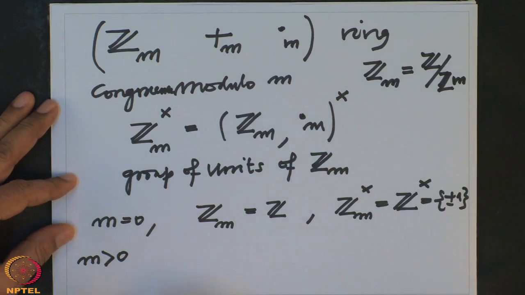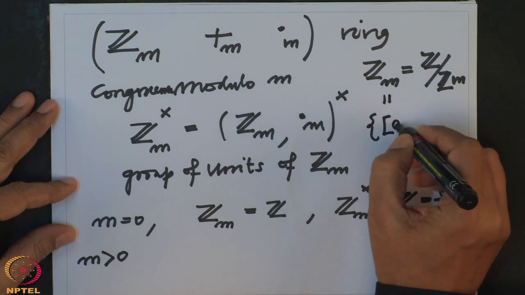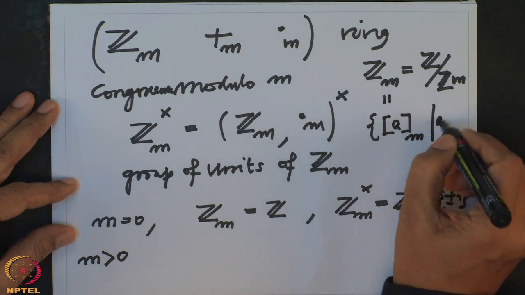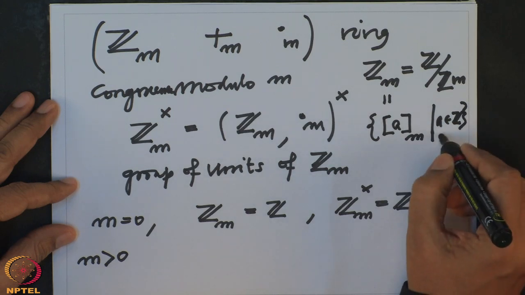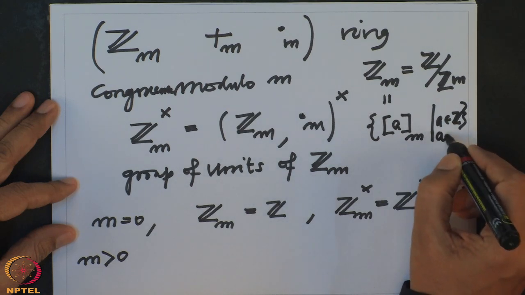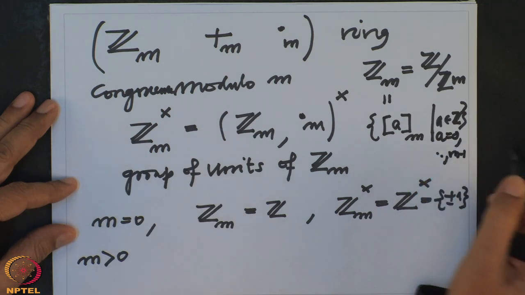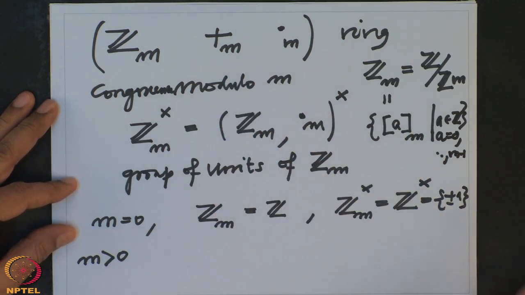Therefore the elements of Z mod M, we are also denoting as residues or equivalence classes. These are precisely the equivalence classes of 0, 1, 2 up to m minus 1 with the congruence modulo m relation.